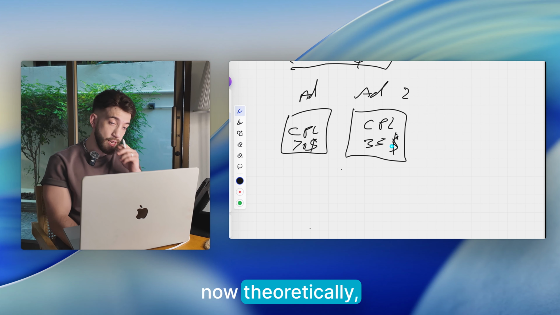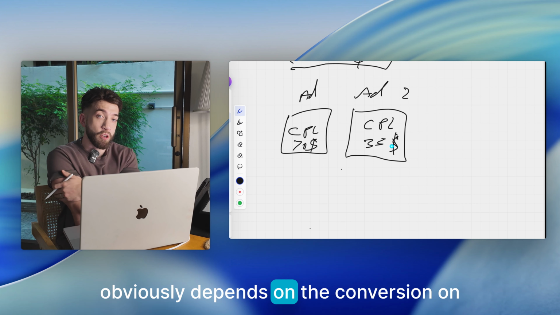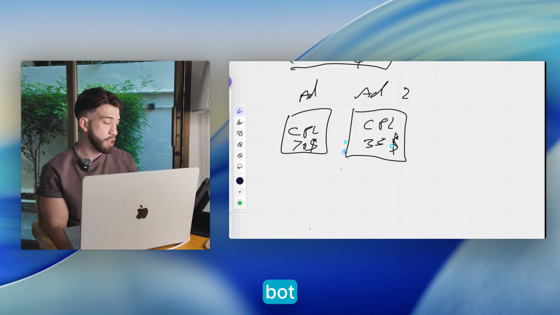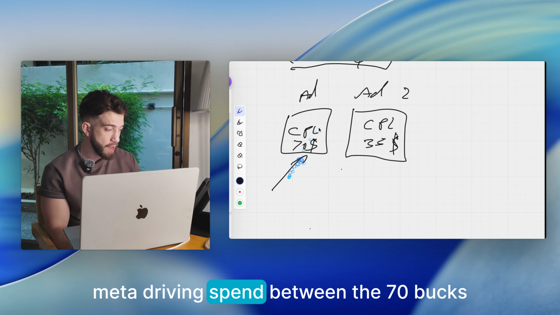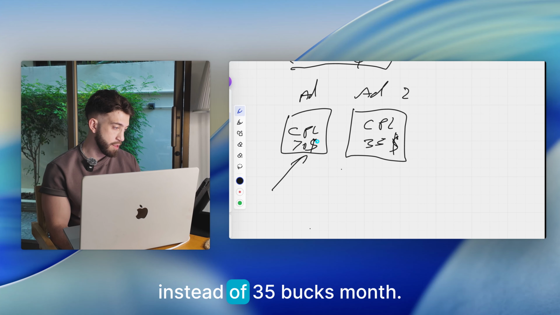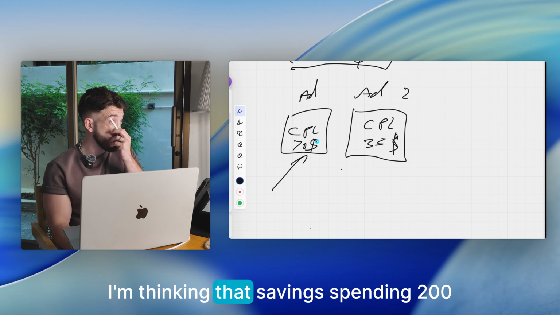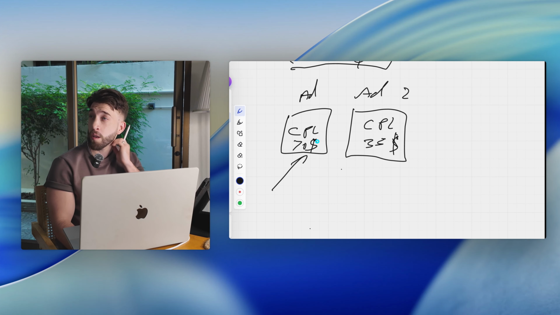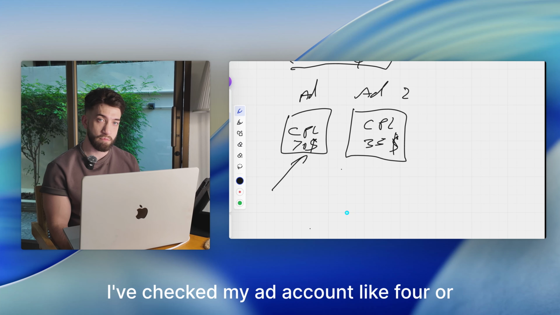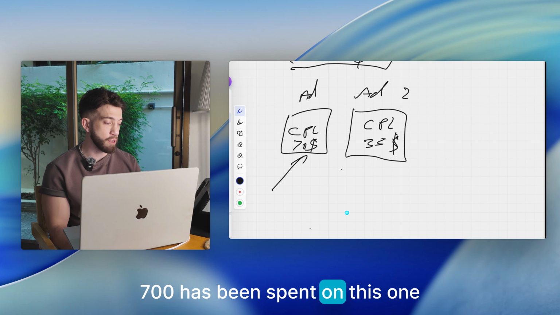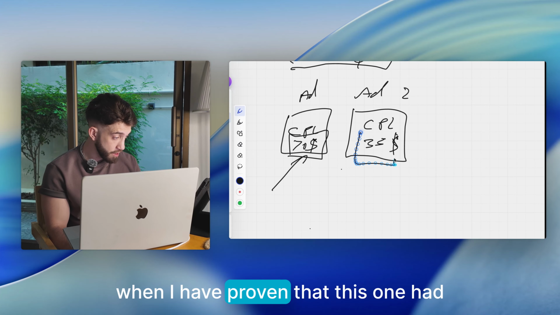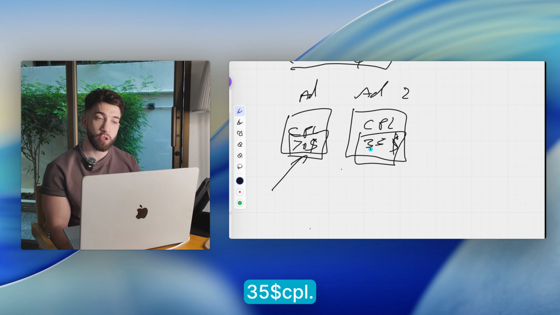Now, theoretically, it depends on the conversion on the back end and the execution, but I have seen, even with my own Meta, spend driven between the $70 and the $35 one. I've literally been spending $200 per day, checked my ad account 4 or 5 days later, and $700 has been spent on this one, when I have proven that this one had a $35 CPL.